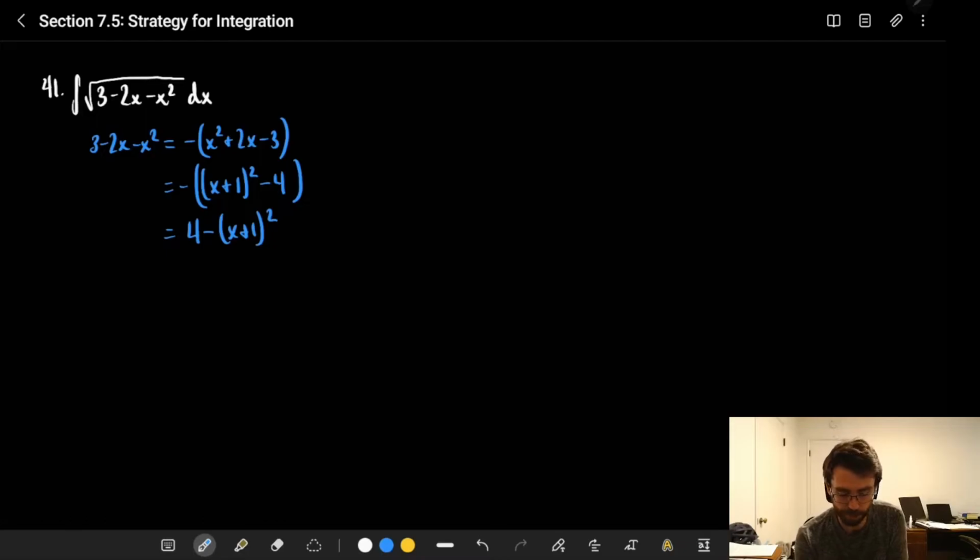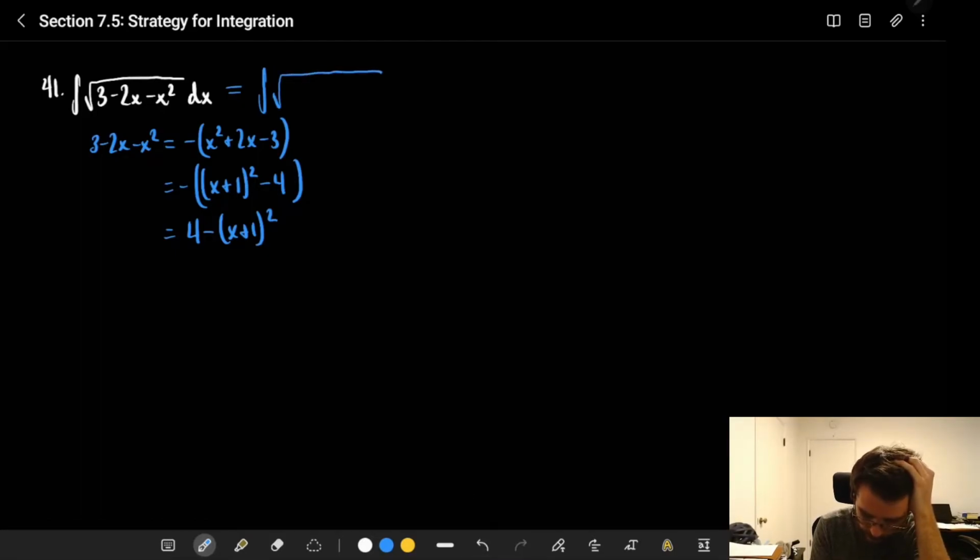And feel free to check that that actually works out. It does. And so I could write this that way. This should still be under square root. 4 minus x plus 1 squared dx.